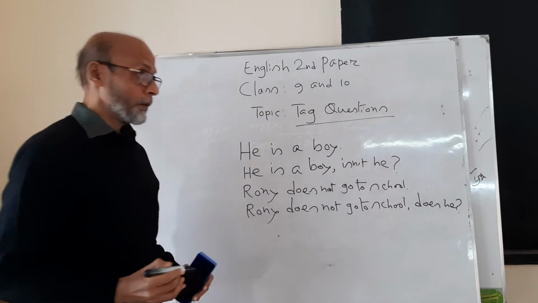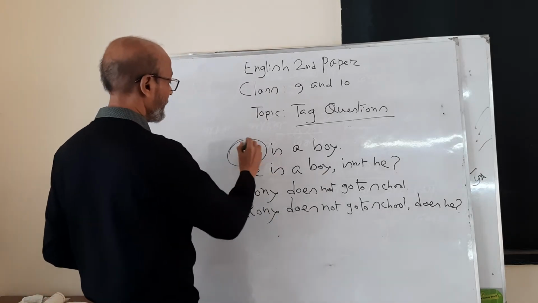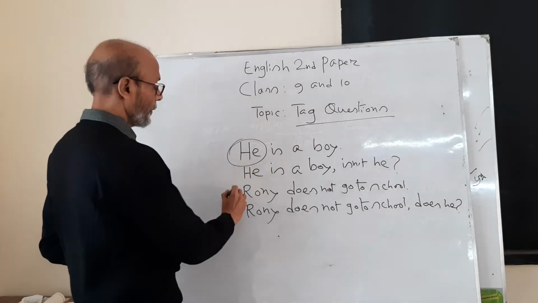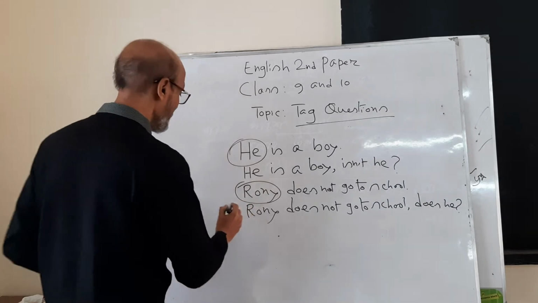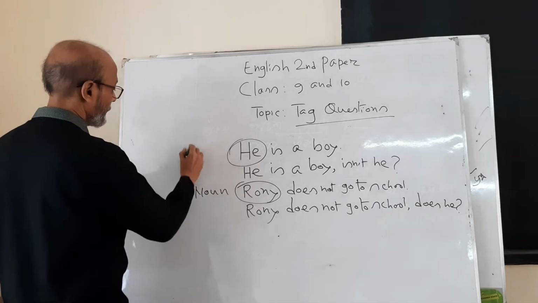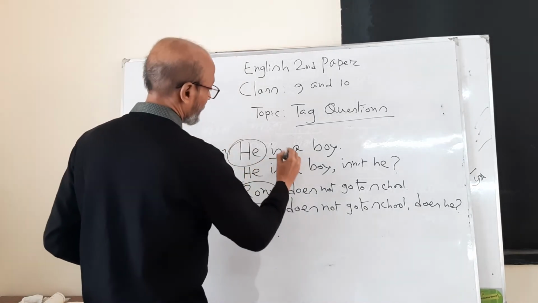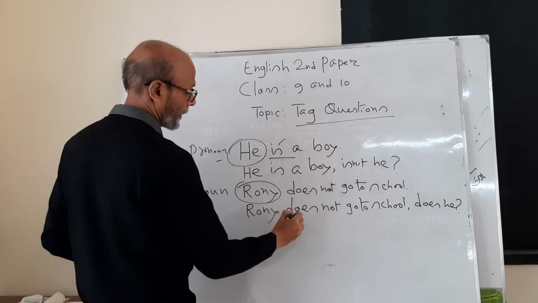So, what are you looking at here? Look at here. "He" is a pronoun. "Ronnie" is a noun. "Is" is a verb, an auxiliary verb.